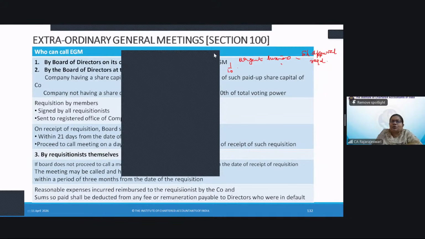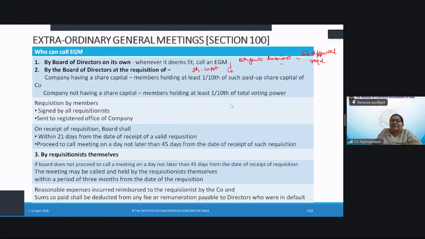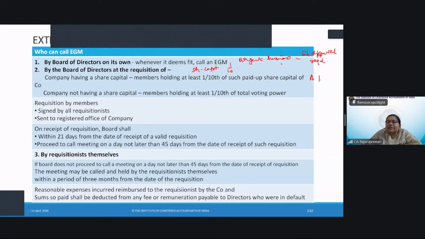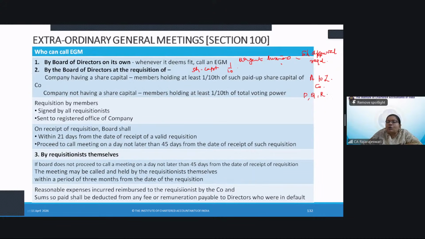Requisitionist means one who makes a request. They are called requisitionists. I'll give you an example. You have A to Z as the members in the company. Now P, Q, and R want to have an EGM. Then they can request the company to call an EGM. Then PQR are called requisitionists.